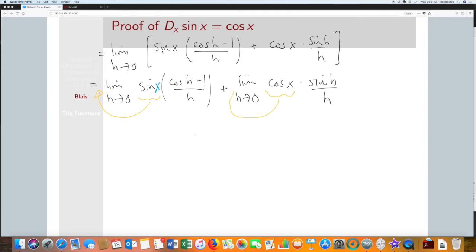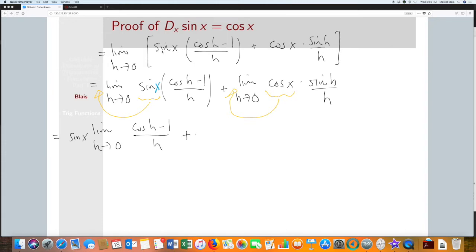There's no h term, so we can factor that out of the limit. So this becomes the limit as h goes to 0 of cosine of h minus 1 over h, and we have the sine of x outside.